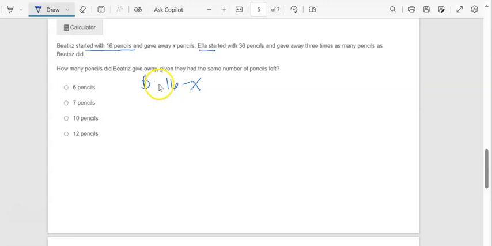And then Ella started with 36 and gave away 3 times as many as Beatrice. If Beatrice gave away X, then Ella gave away 3X. Now they have the same amount, so those two will be equal.